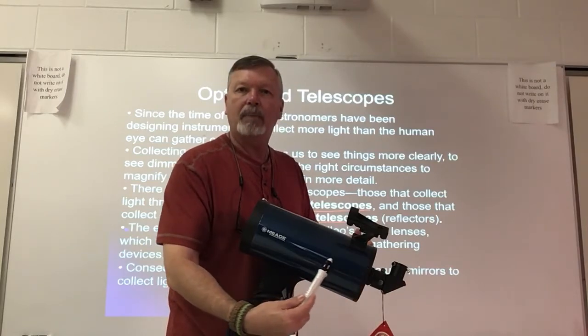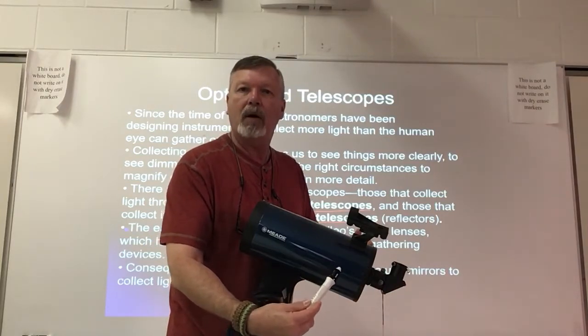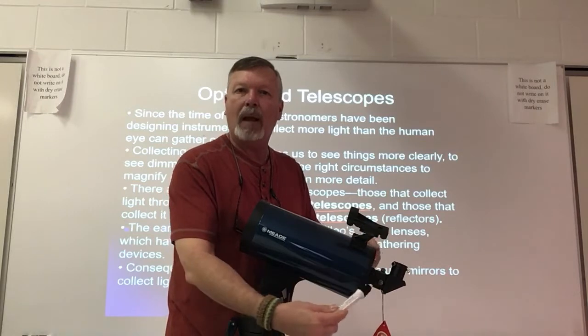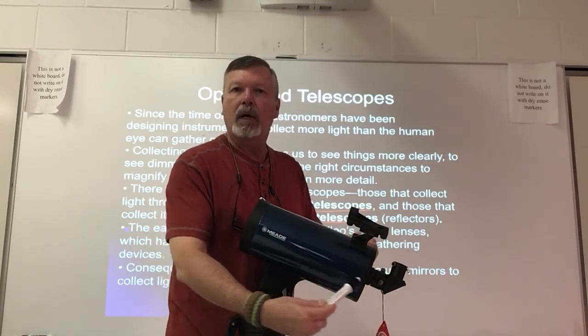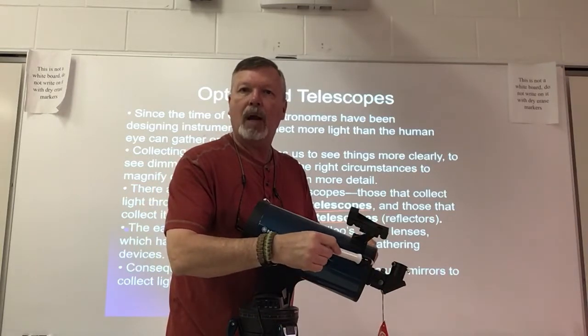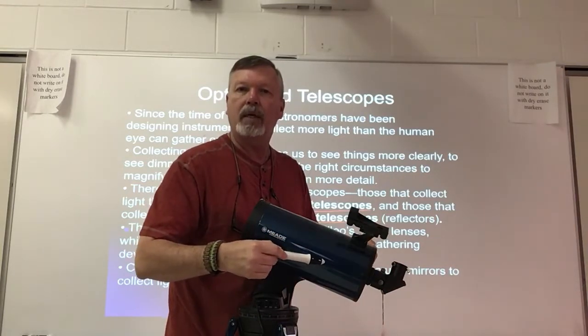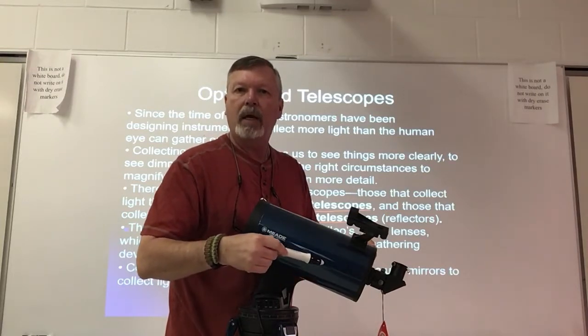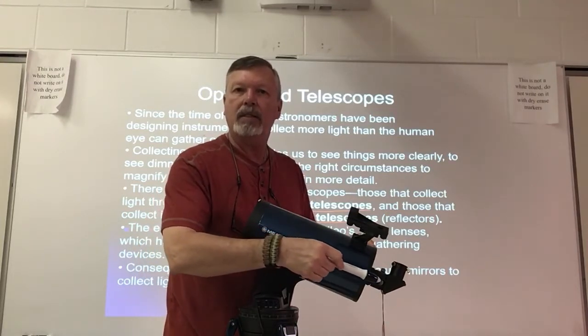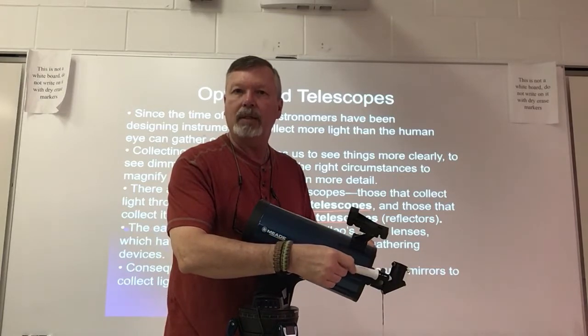It will reflect up a little bit and hit another mirror right here, a secondary mirror. Primary mirror, objective mirror in the back, secondary mirror here. So the light comes in, hits the primary, bounces to the secondary, and then the secondary takes the light and sends it into the eyepiece lens here, okay?